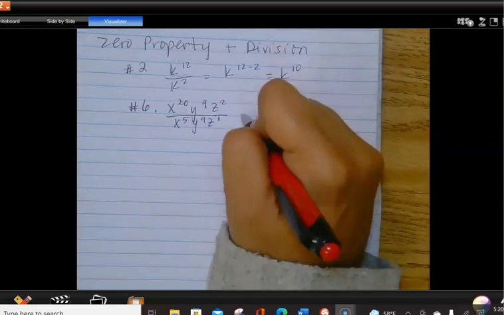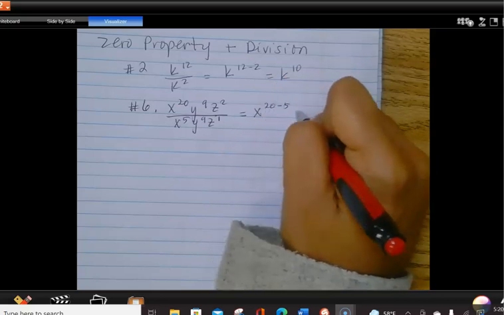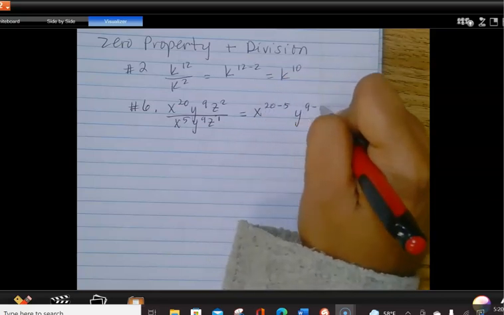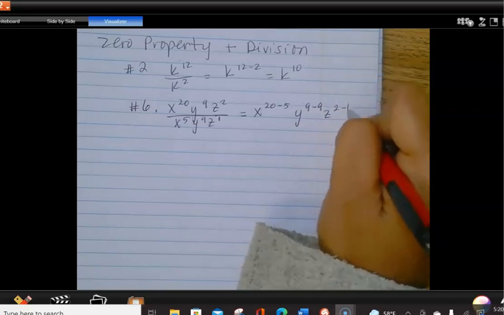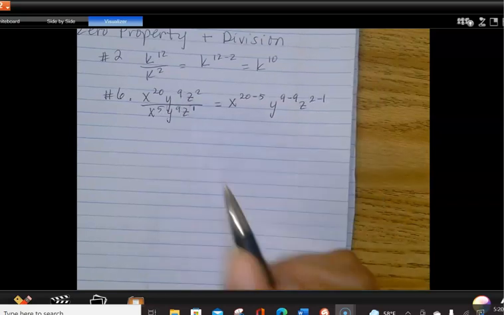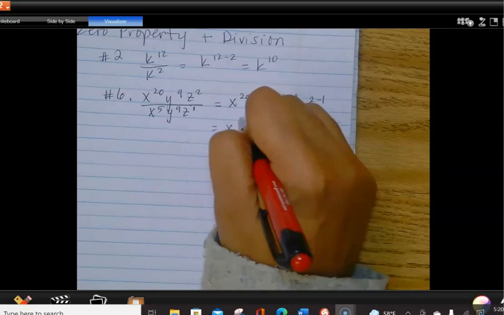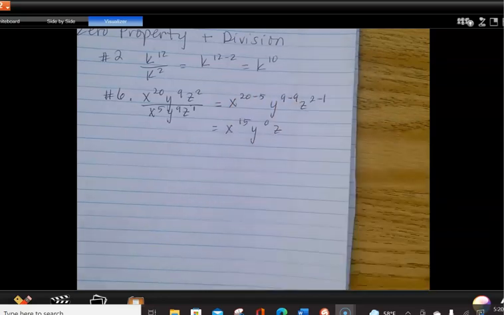When I group these together, I have x to the 20 minus 5, y to the 9 minus 9, z to the 2 minus 1. These are both 9s, so now I have x to the 15th, y to the 0, and then z.